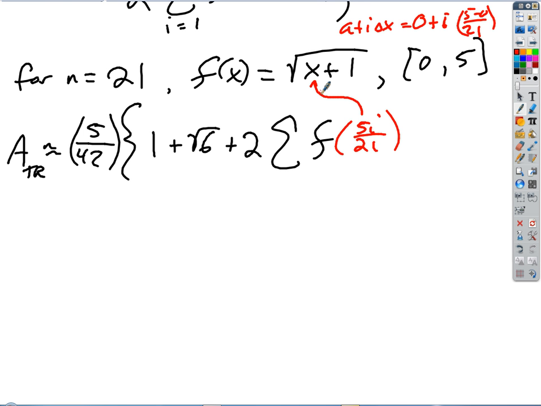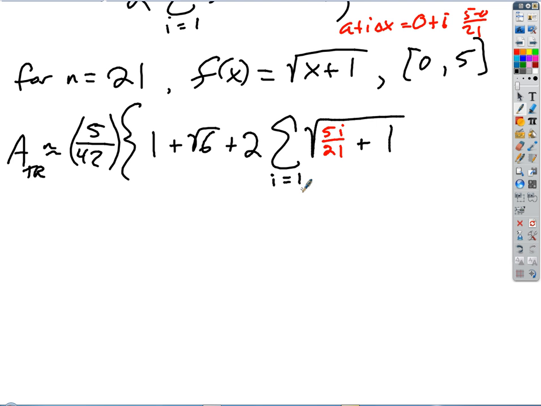So all that stuff is going into there. Let's just write what that is. Square root of 5i over 21 plus 1 as I goes from 1 to 20. Good.